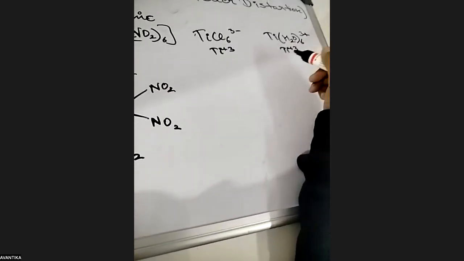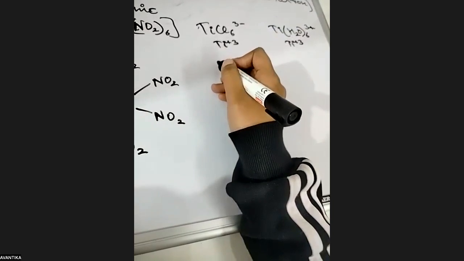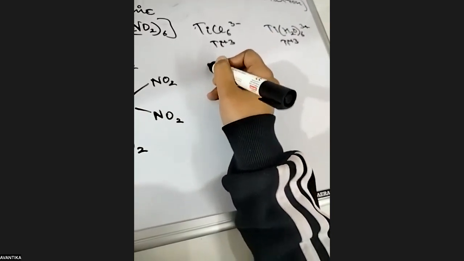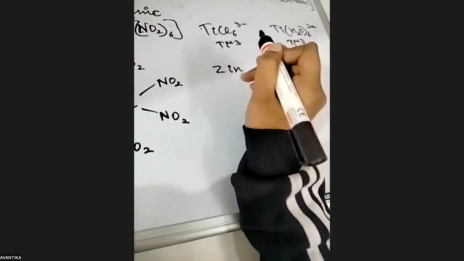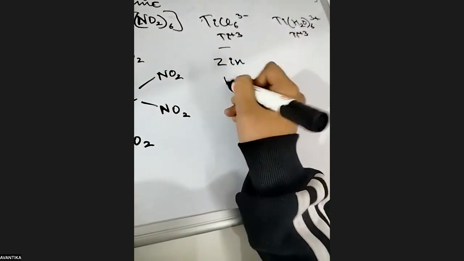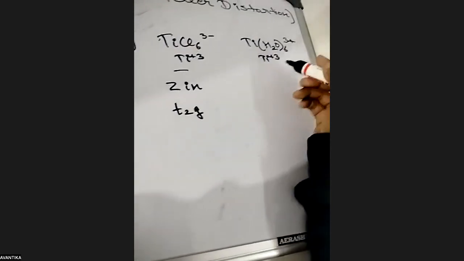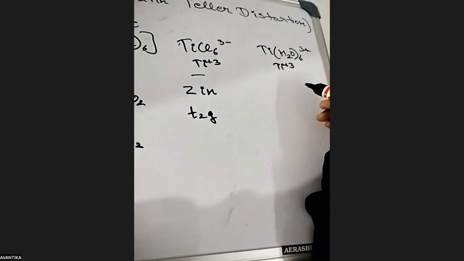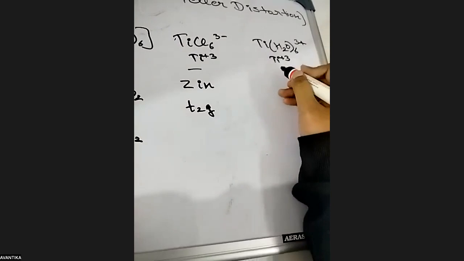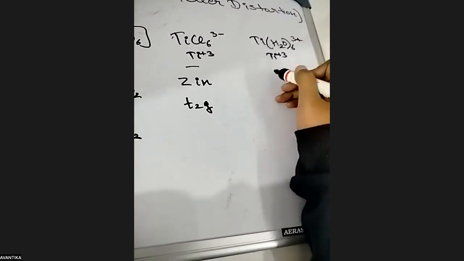And if we take the case of [TiCl6]3- and [Ti(H2O)6]3+, here also in case of Ti3+, Z in JTD occurs, because t2g is unsymmetrically filled. And in case of [Ti(H2O)6]3+, distortions occur.